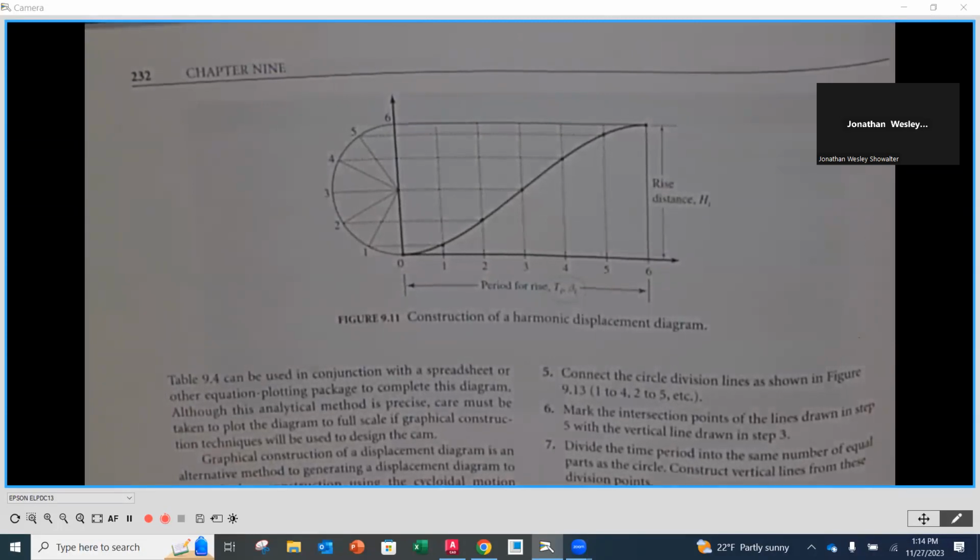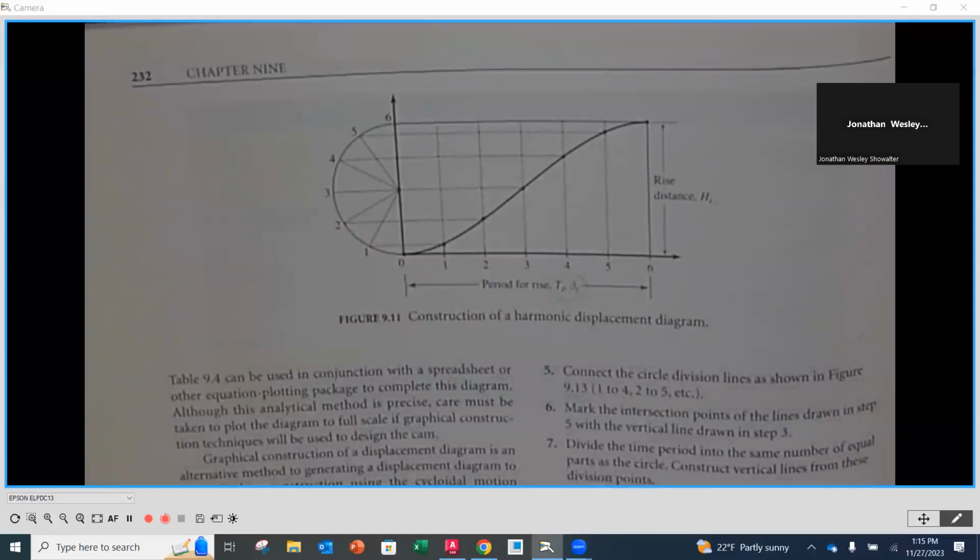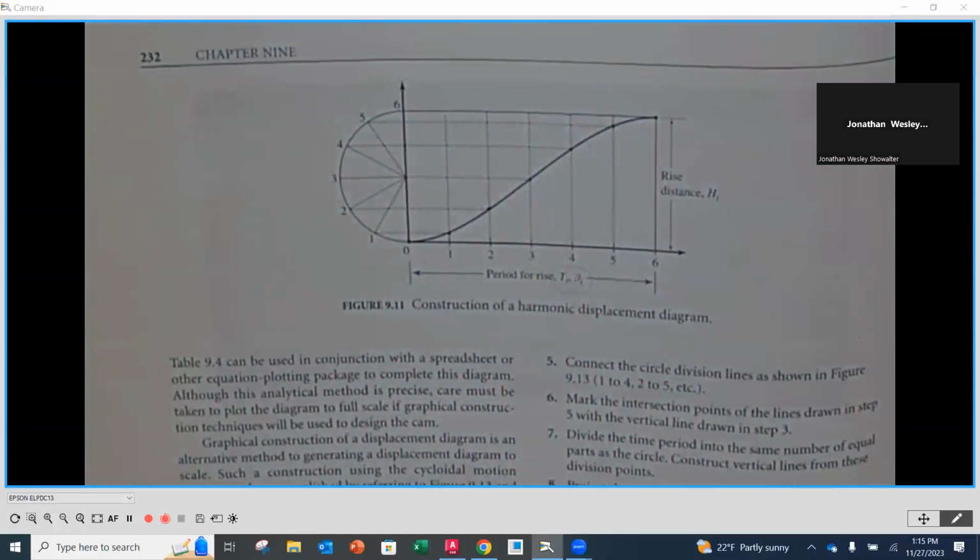Okay. Now the length along the x-axis, that's a little bit more arbitrary. Meaning you don't want this too narrow that you get really steep values, but you don't want it too long that they're stretched out so far.